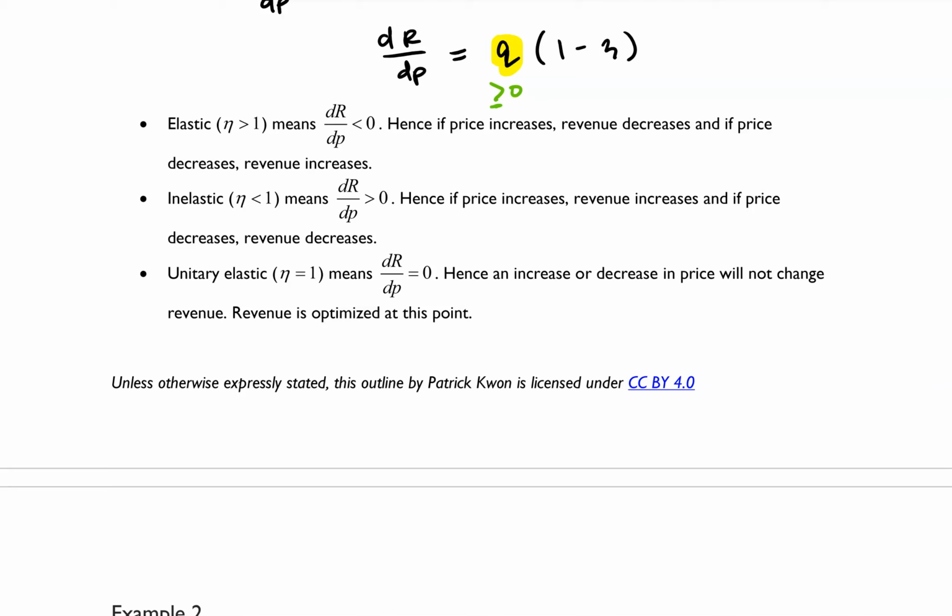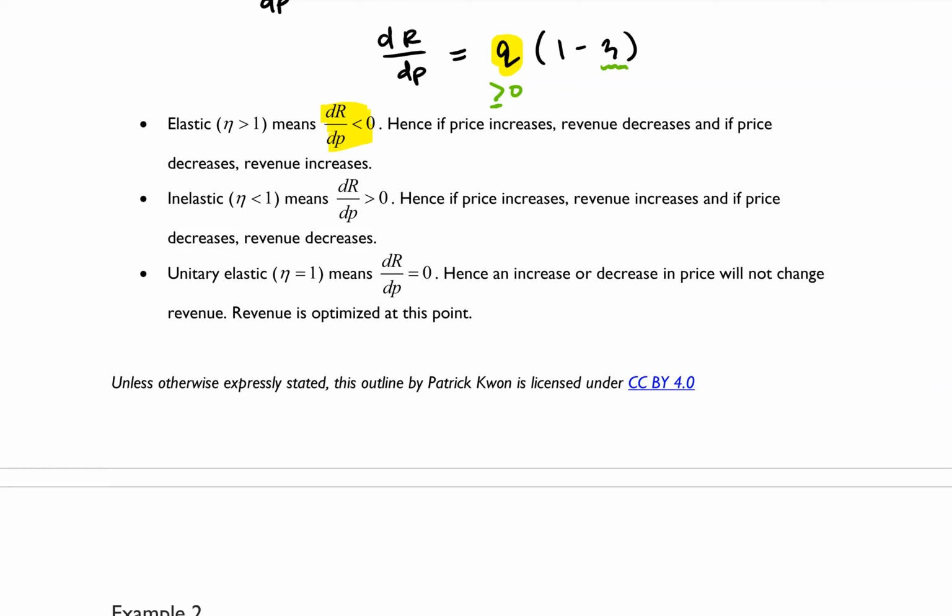So if the product that we're looking at is elastic, that means eta is going to be greater than 1. And so if that number here is greater than 1, then dr/dp is going to be negative. That means that if price increases, revenue decreases, and if price decreases, revenue increases.